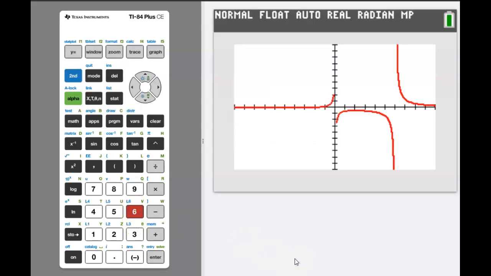what's somebody gonna think when they see this graph? Well, I hope they don't think that. We did know that there was going to be two vertical asymptotes, right? But this is very misleading, in my opinion.